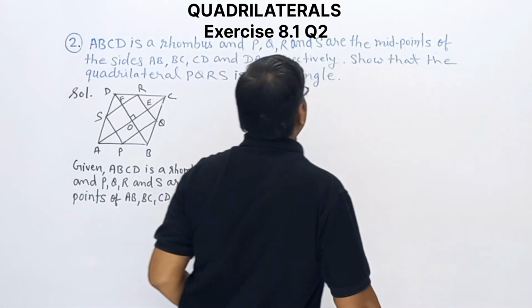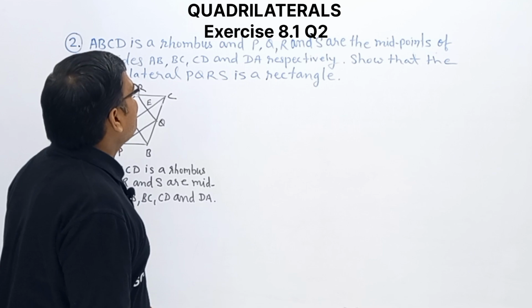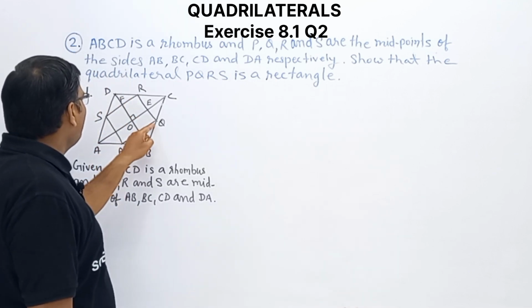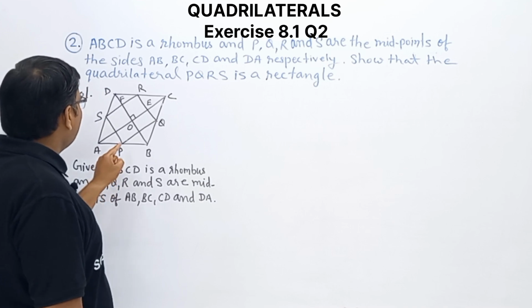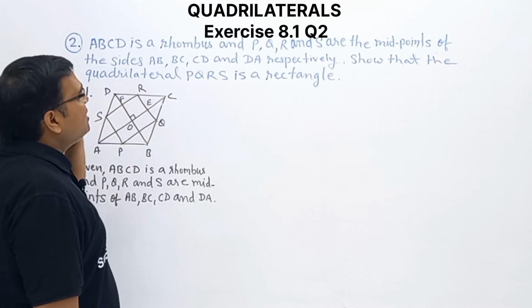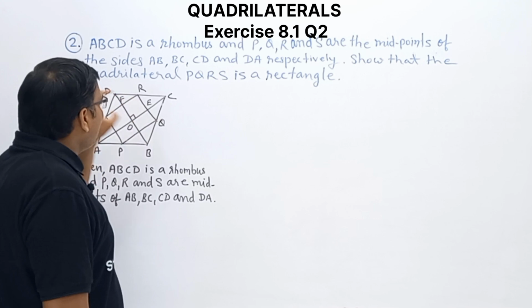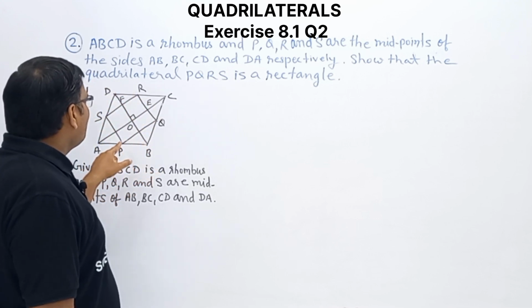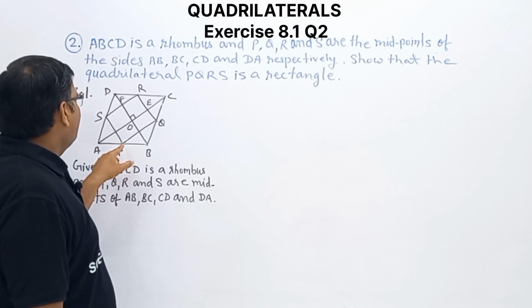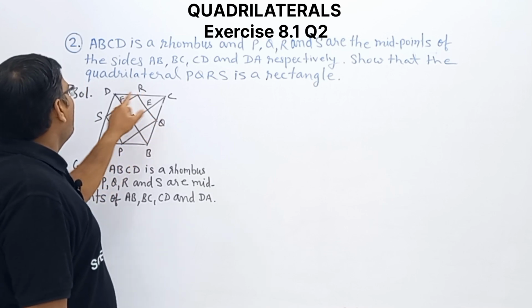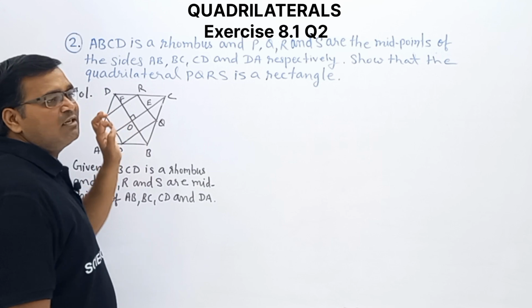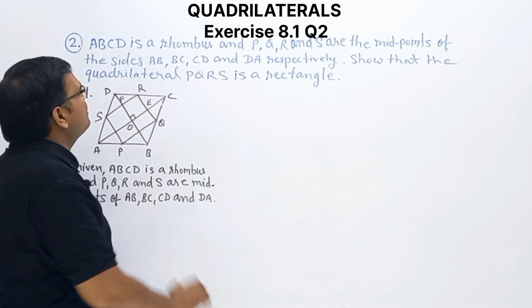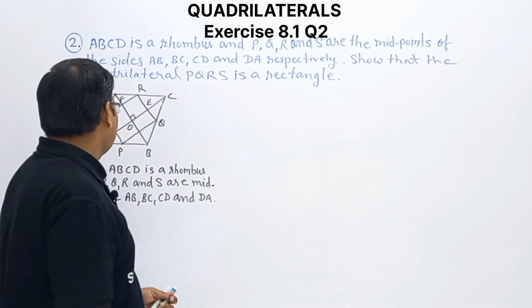Once we join the midpoints, we get another quadrilateral PQRS. We want to show that this quadrilateral PQRS is a rectangle.